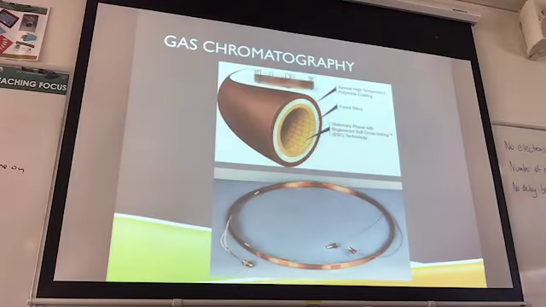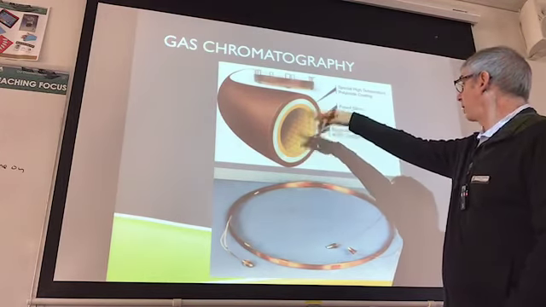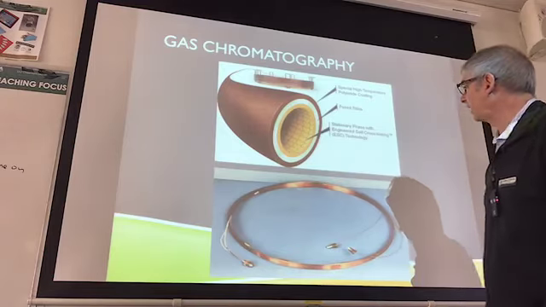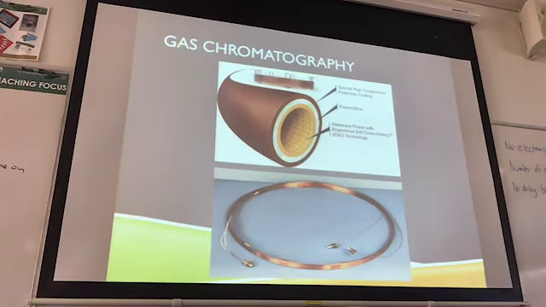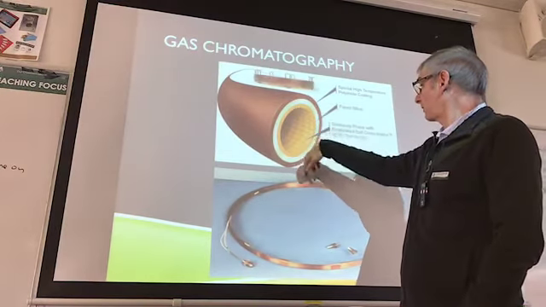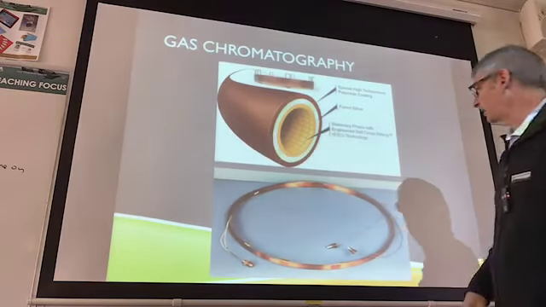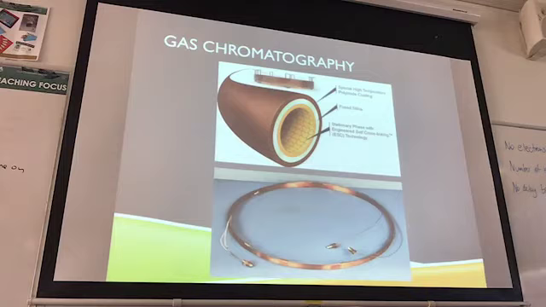So the gas chromatography, it's the same kind of idea with our stationary phase. So we've got a special high temperature coating, because remember that the coil is in an oven. It's got a fused silica section, and then the stationary phase is bonded onto the fused silica.